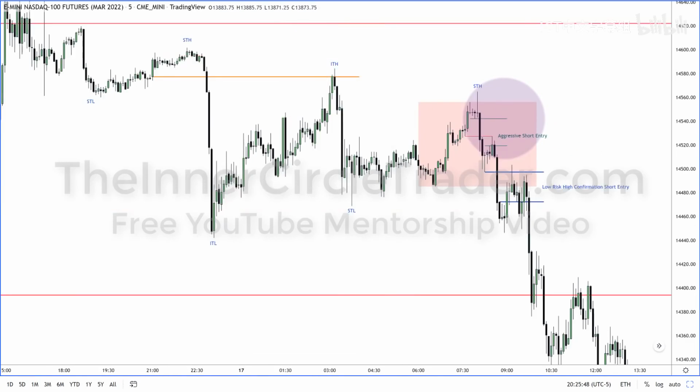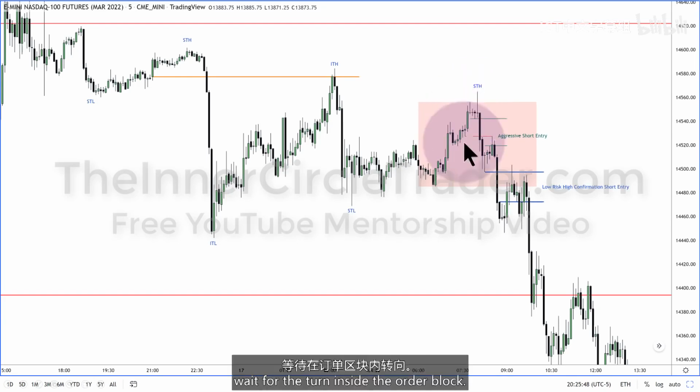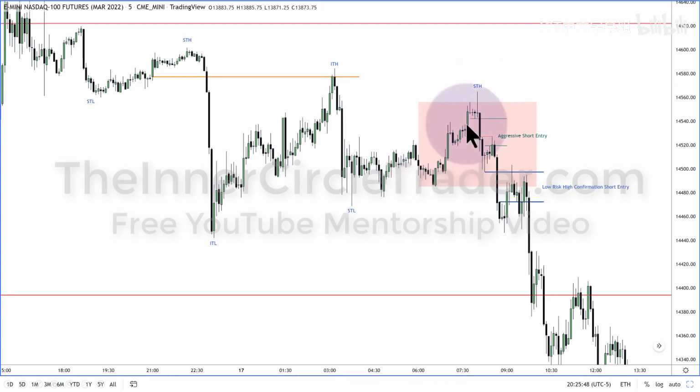Now, you can go down into the charts deeper with your 5, 4, 3, 2, and 1 narrowing down to the smallest time frame. You can see the last 2 candles here, wait for the turn, inside the order block. The order block is the shaded pink box.